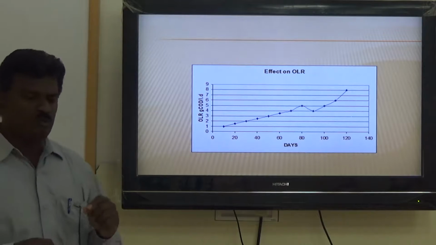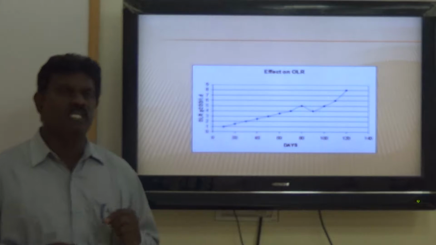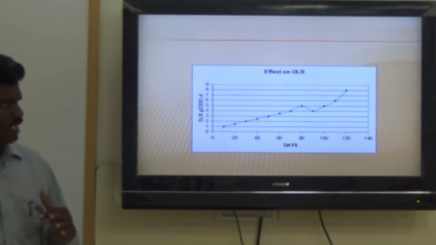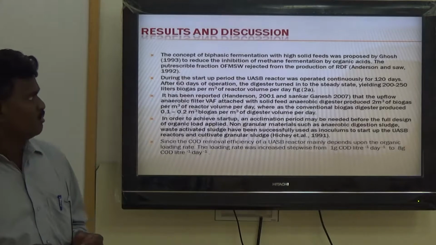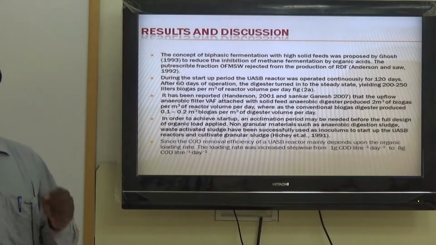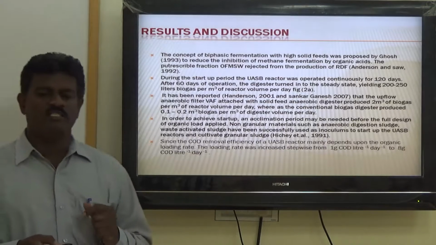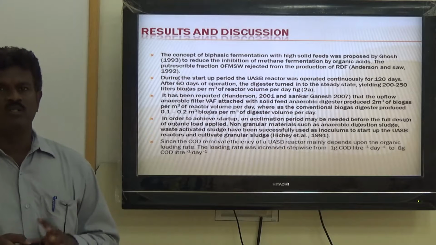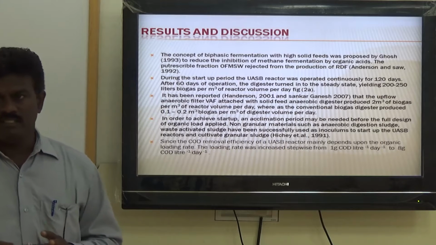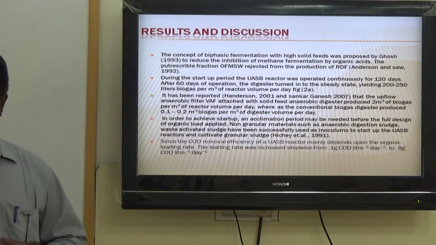If we load smoothly, only then will the biogas production be smooth. Otherwise, the biogas production will be disturbed. So this reactor is one of the optimized reactors because we are getting smooth production without any disturbance of the reactor.